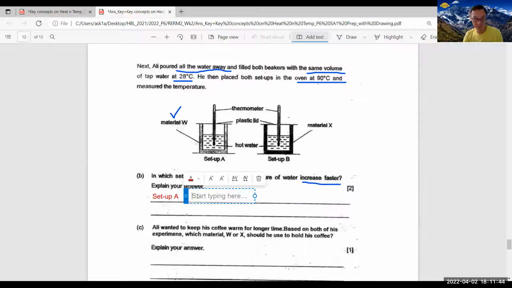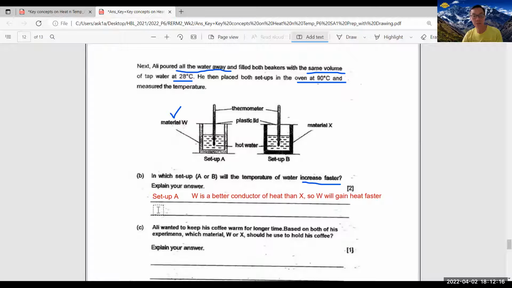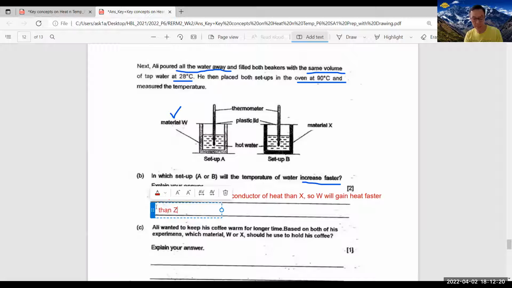So you should say W is a better conductor of heat than X. So W will gain heat faster than X in the oven, thus allowing the water to increase its temperature faster.